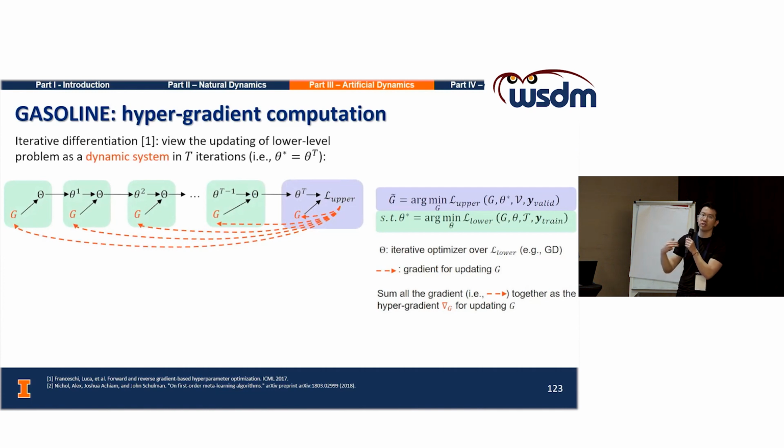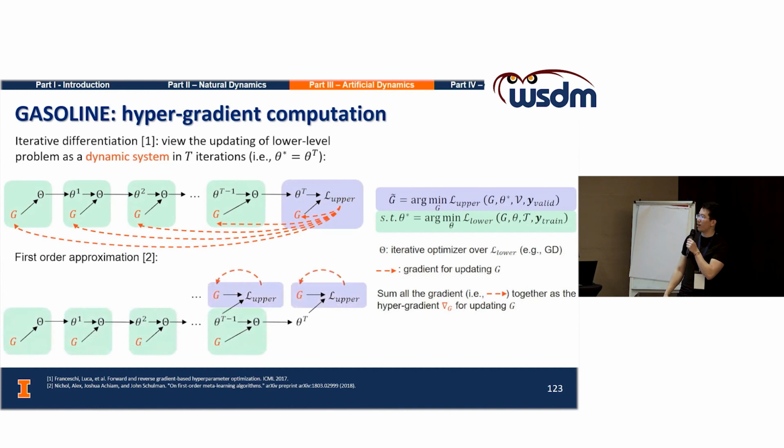We unfold this process and get the hypergradient from every step, which is shown as the dashed orange lines in our illustration figures. This process clearly is pretty time consuming because it involves lots of matrix multiplications between those Jacobian matrices.